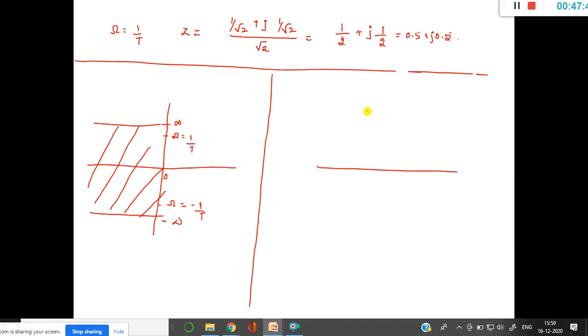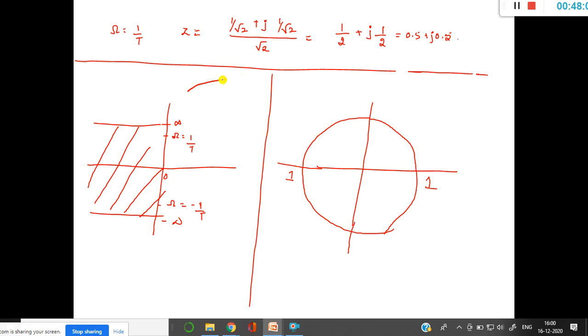The circle is not unit radius, now it is half radius. So this is the z plane, unit radius. But when I transfer my value from S plane to Z plane, because the radius is half, I am going to get all the values well within this range.